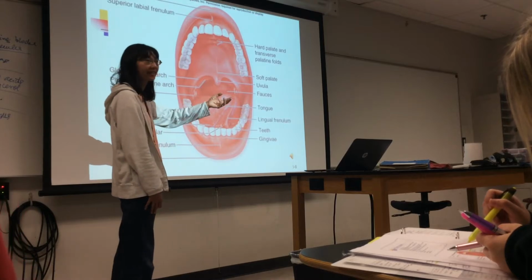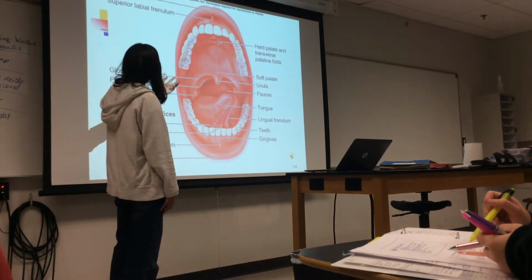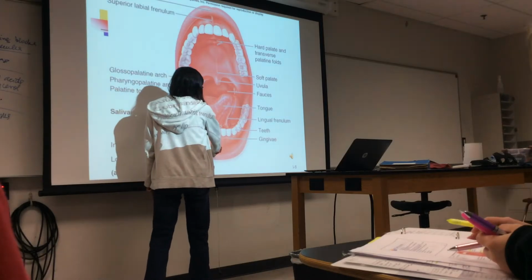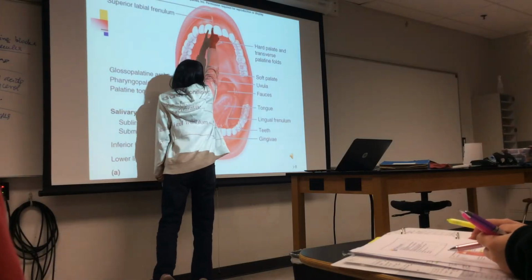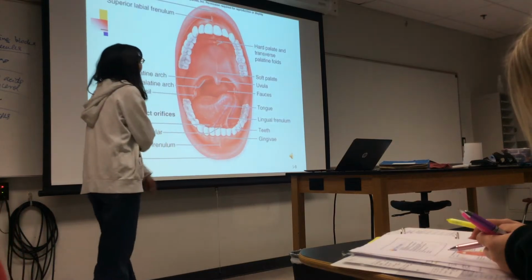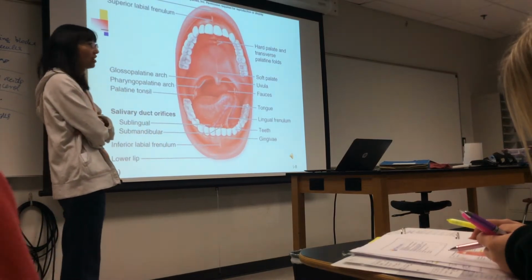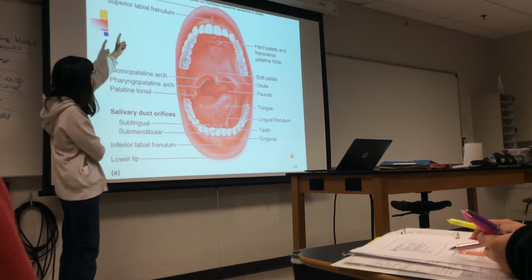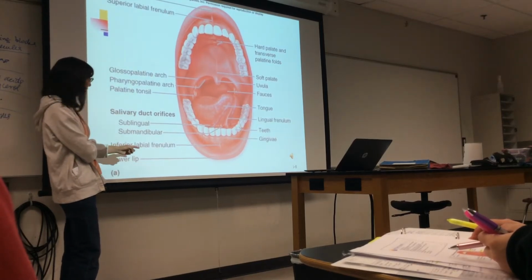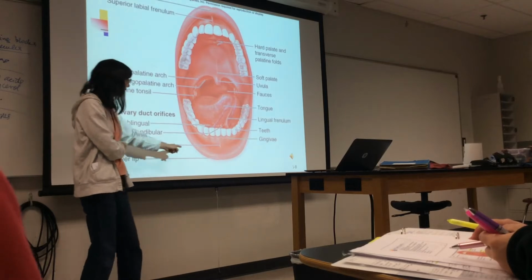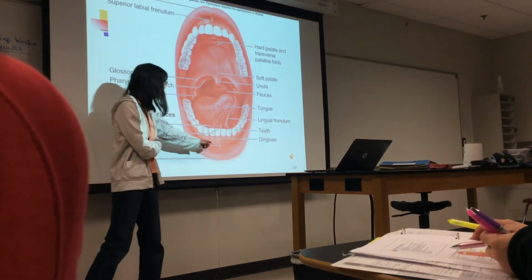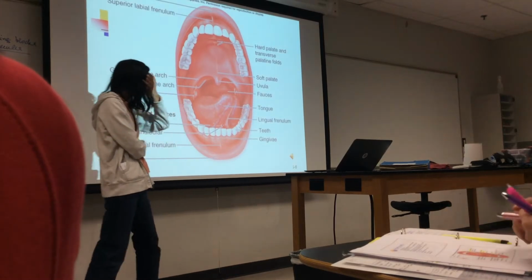Does that make sense? Frenulum is the little thing that attaches. So this little thing that attaches your lips to the inside there, that's the frenulum. So they name it inferior versus superior. Does that make sense? Labial, what do you think labial is? The lips. Labial is lips. And like I said, the frenulum is that little attachment.